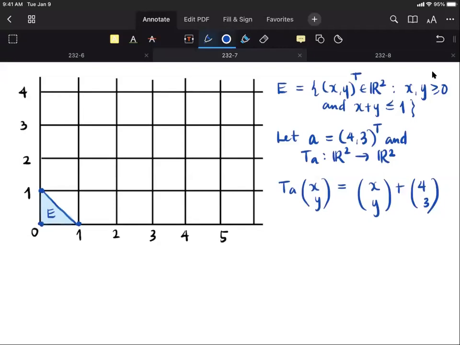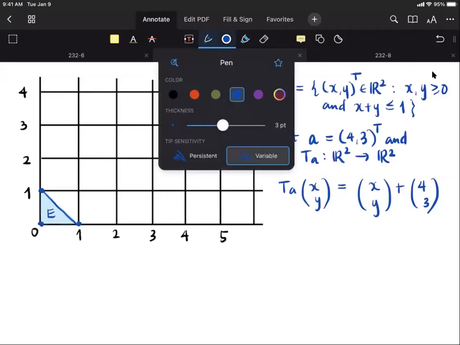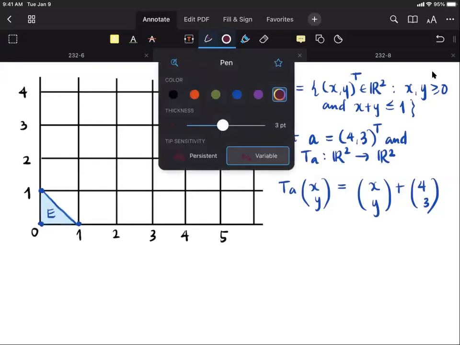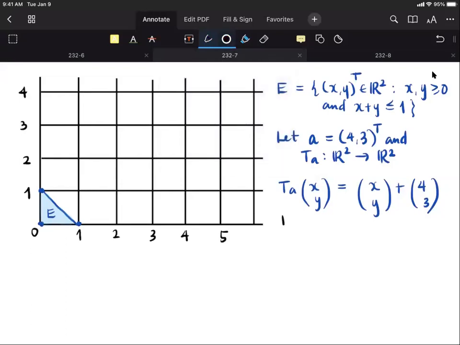So what we do is we compute the image of the vertices. T sub a of (0,0) is equal to (4,3).